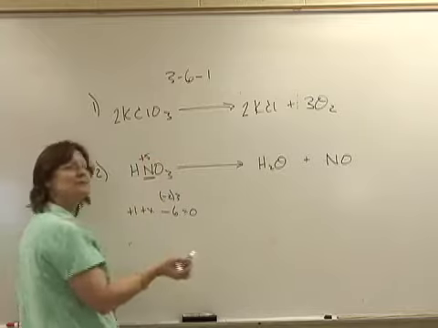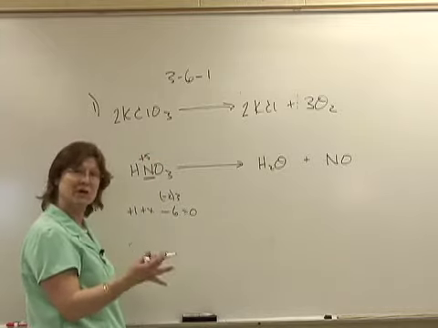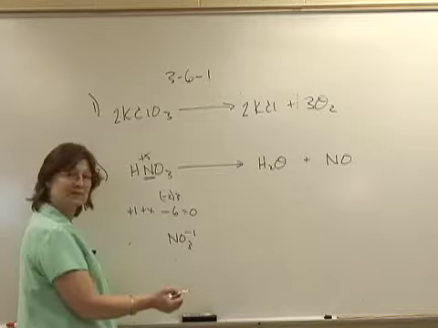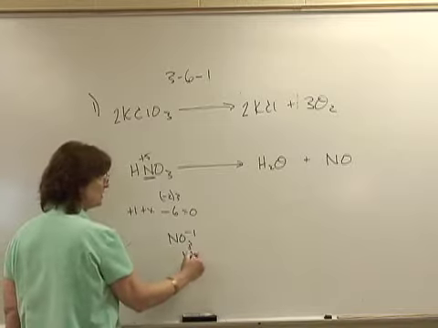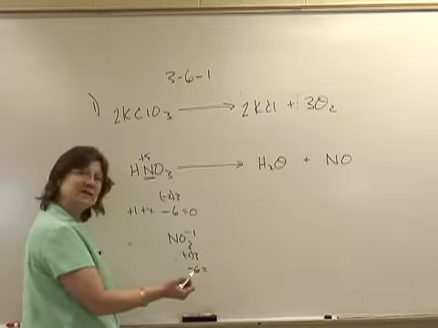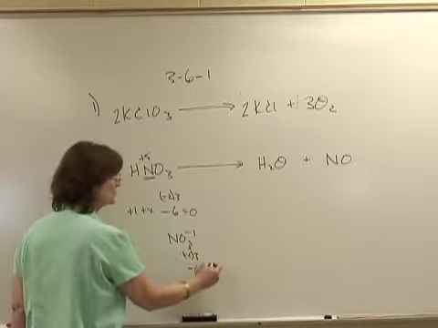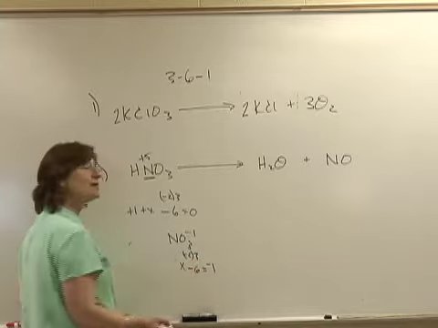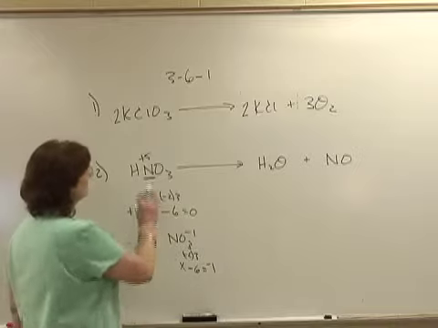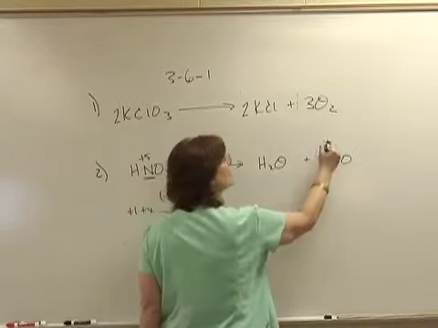Now, sometimes we do it just using the polyatomic ion. Nitrate has an overall charge of -1. And oxygen is -2, and there are 3 of them. That gives me a -6. Now, because this is a polyatomic ion, it has an overall charge of -1, and therefore nitrogen is +5 in both cases. And if it's +5 here, it must be +5 here.